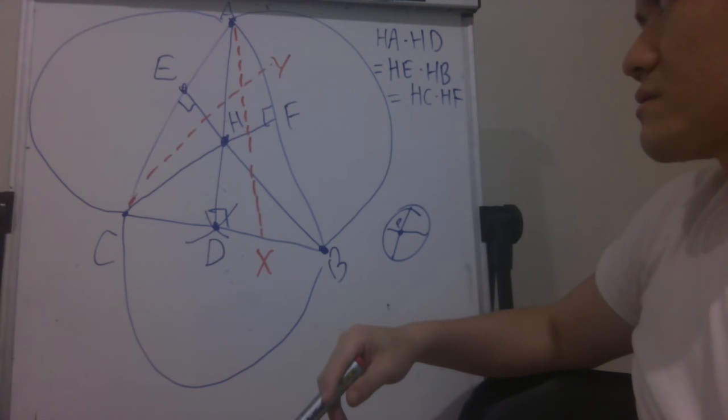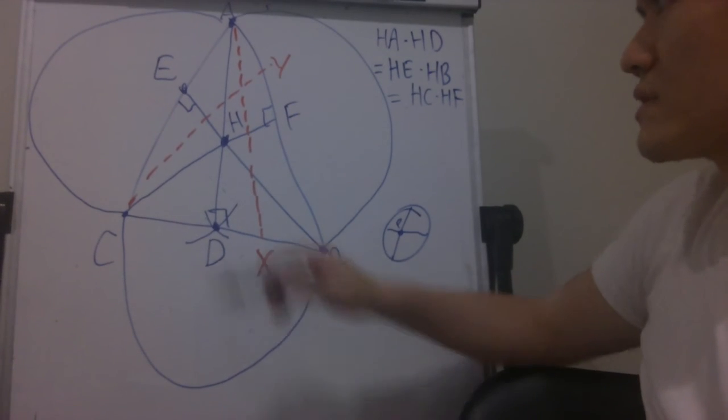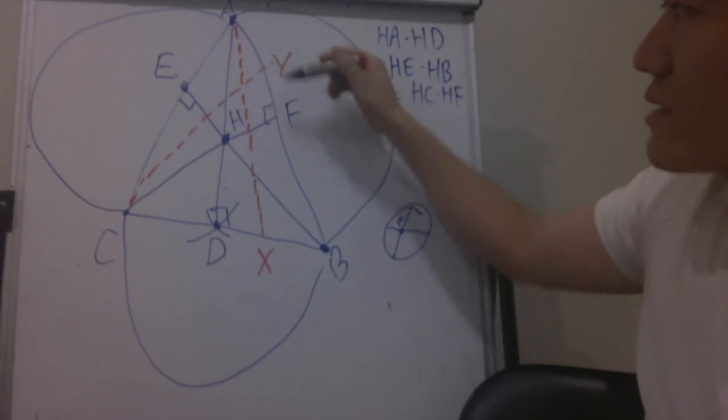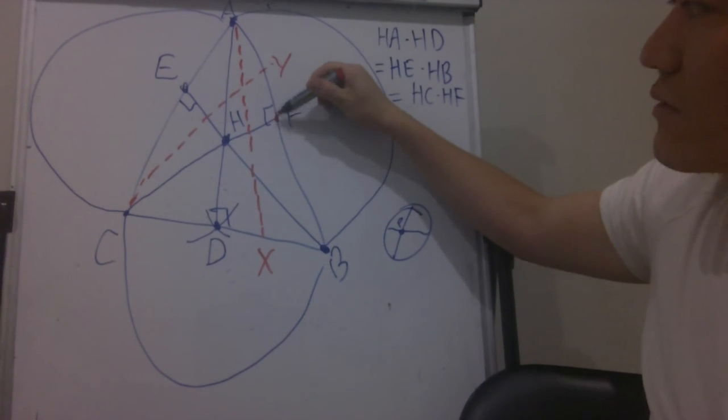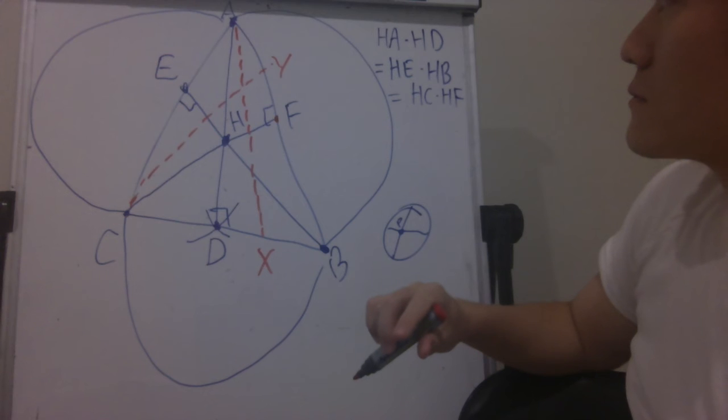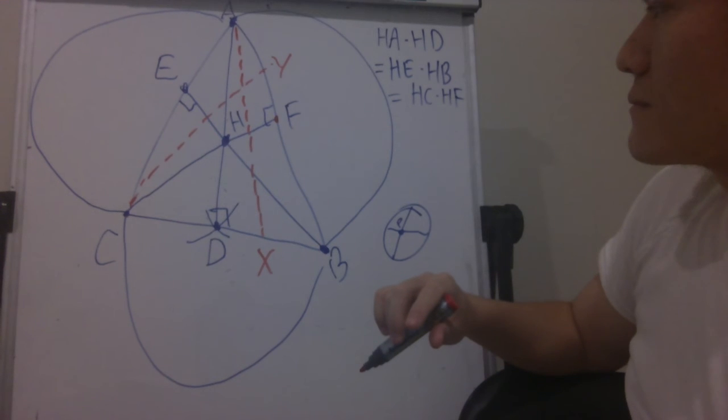But what about CY? They don't have to be 90 degrees anymore. So CY will pass through CF. But what is the radical axis? Oh, are you just saying that's the radical axis from any point? Okay, yeah.